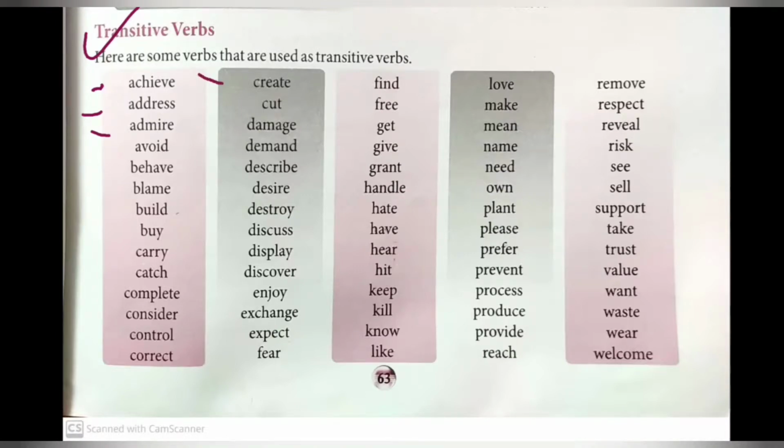The girl created. The girl created what? The girl created a beautiful painting. So painting is the object. The girl created a beautiful sketch. Hope you are able to connect with this topic. So this is the list of transitive verbs. You have to read the list carefully.